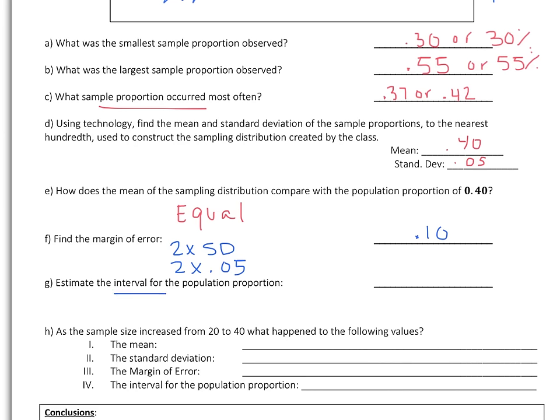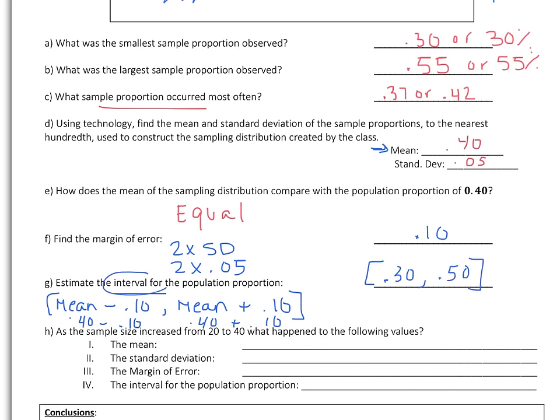So again, you're going to take the mean sample proportion, subtract 0.10, and take the mean sample proportion and add 0.10. So 0.40 minus 0.10 and 0.40 plus 0.10. So you should get about 0.30 to 0.50.